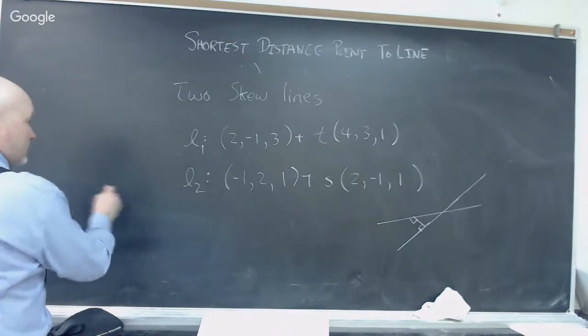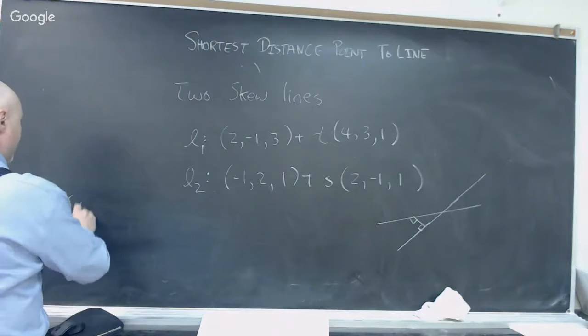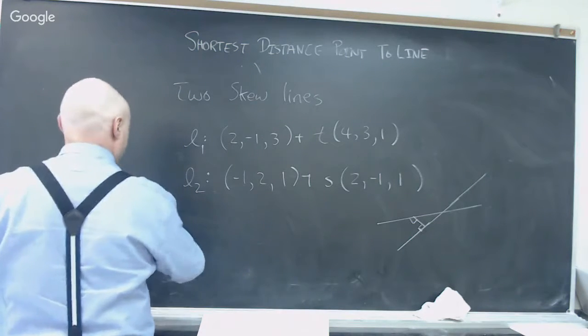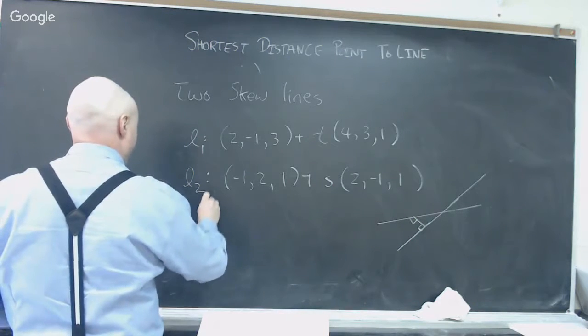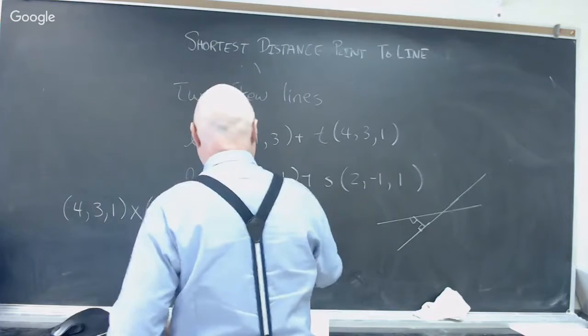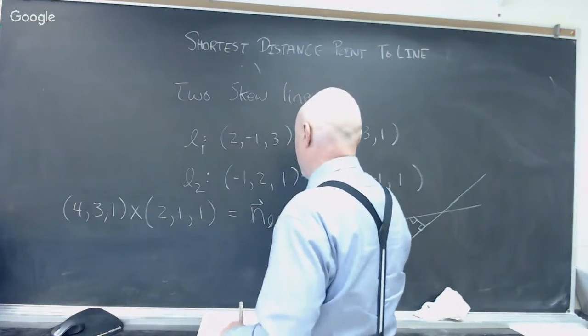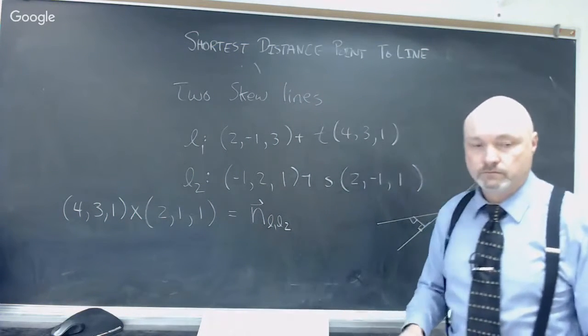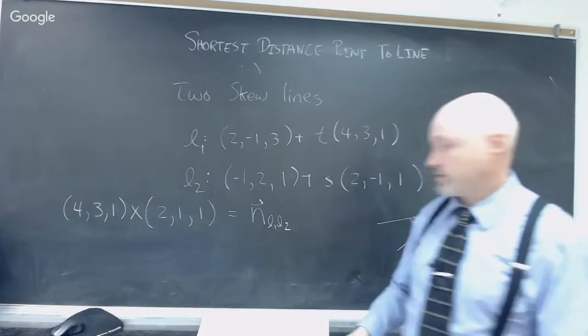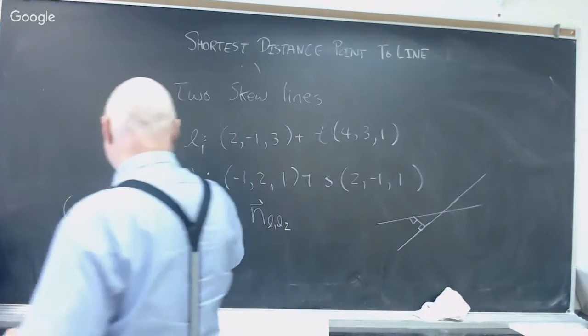So 4, 3, and 1 cross 2, -1, and 1 is equal to a normal vector to both line 1 and line 2. Those are the direction vectors. I take the cross product, and I've dropped the negative sign already.